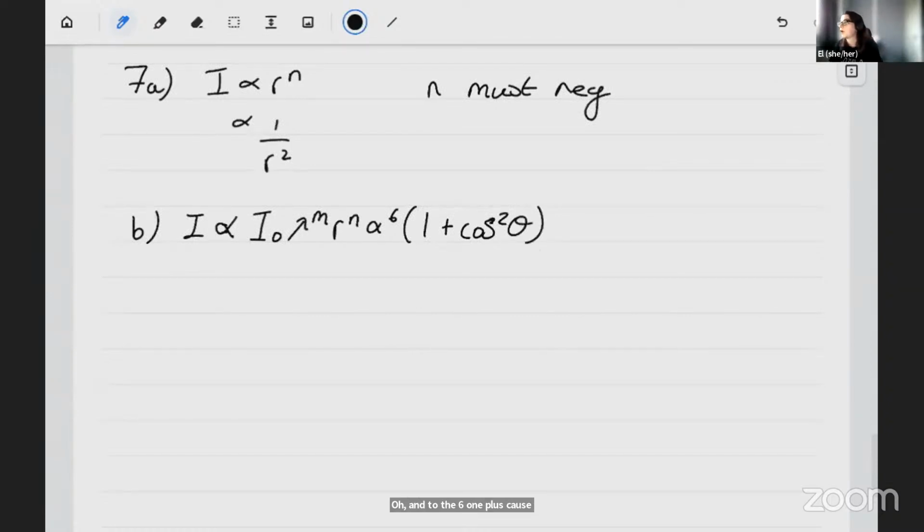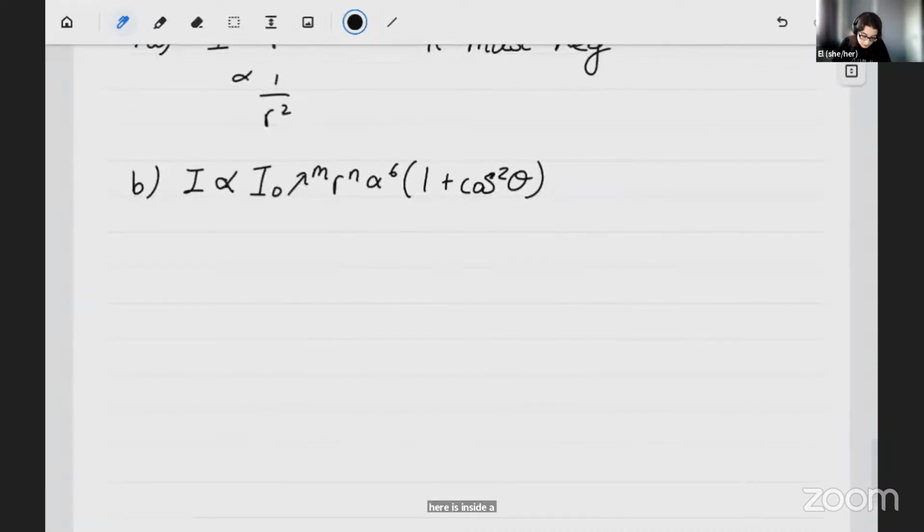So that is our expression for what intensity is proportional to. So what we want to do here is insert a dimensionless constant of proportionality so that I can write this as equals, and I'm going to insert k, and we're going to say that k has no dimensions.